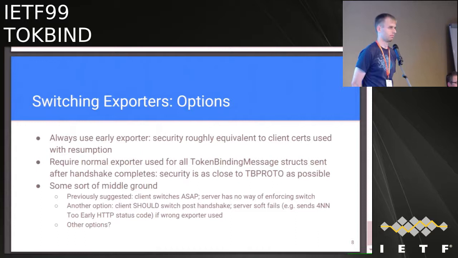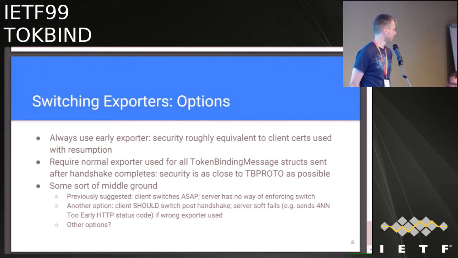And there's been some pretty good analysis of using client certificates, I think. If this is as good as client certificates, then we're actually doing pretty well. Reusing the early exporter, and just committing for the whole connection.